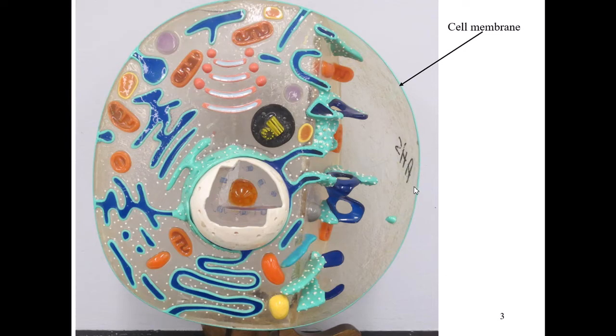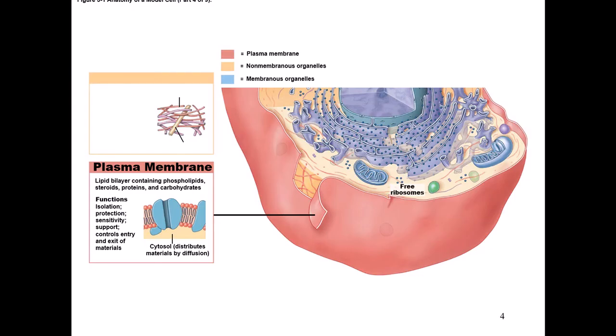This barrier, however, does allow certain substances to move into the cell, and other substances to move out. We say that the cell membrane is permeable, right? And more specifically, we say it's selectively permeable.